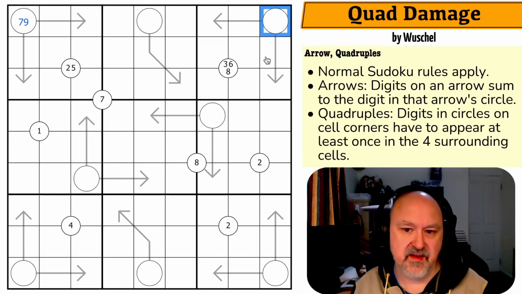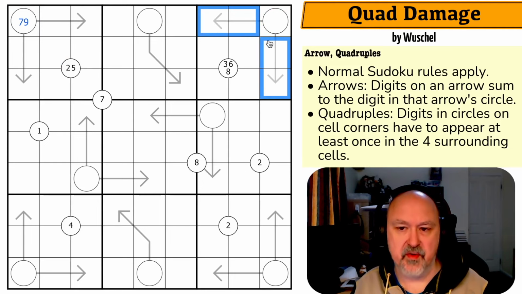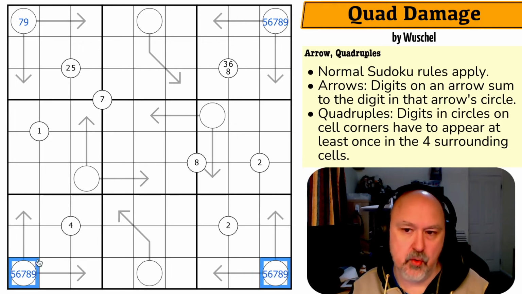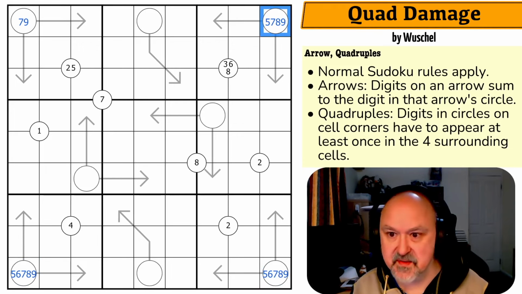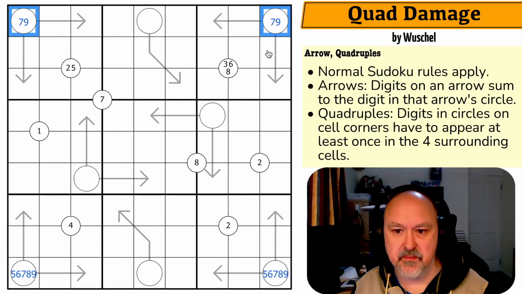This one is probably even more restricted. Normally you can't use 4 because 4 only has 1 3, but 5 is possible. So 5 6 7 8 9 is what all of these corners are, but they're going to be more restricted. This can't be 6 or 8 because 6 and 8 is down here. If this was 5, I'd have 1 4 and 2 3, so that doesn't work, and I end up with a 7 9 pair in the top.